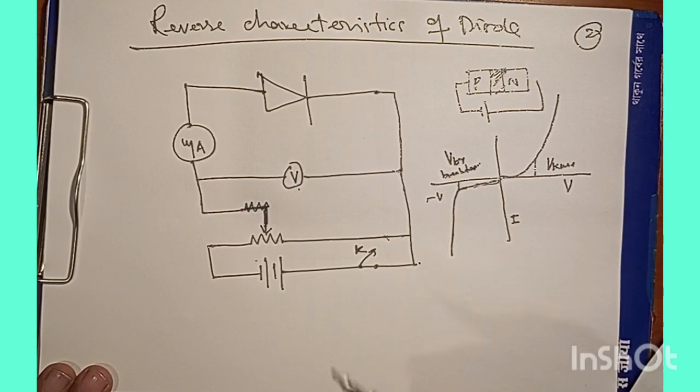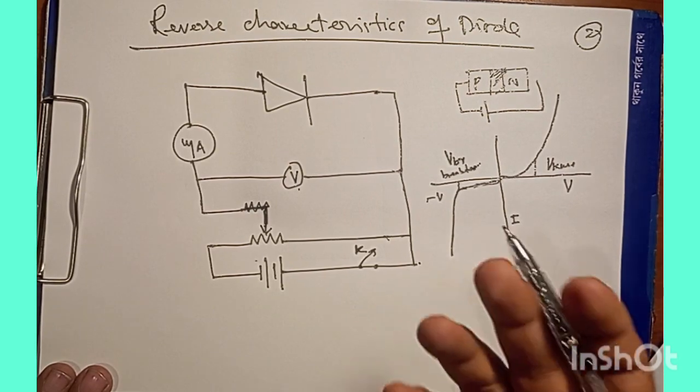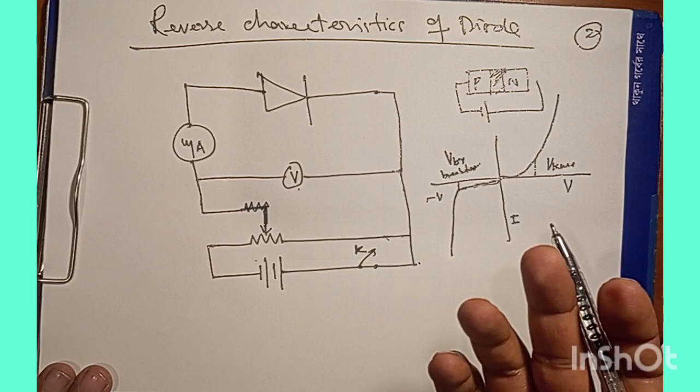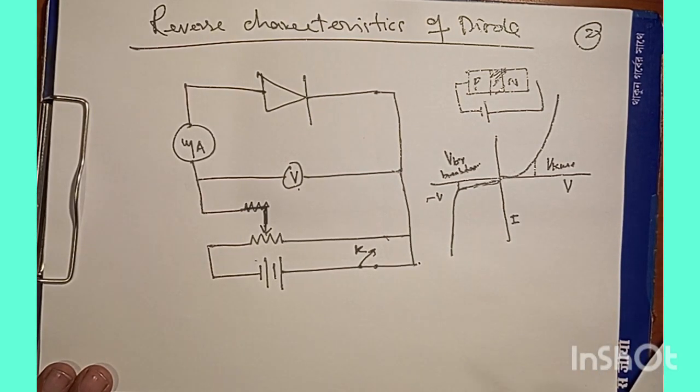Now, semiconductors are highly temperature sensitive, as we have talked about. They are sensitive because the electrons attain thermal energies, and by virtue of these thermal energies, more electrons become available in the conduction band.